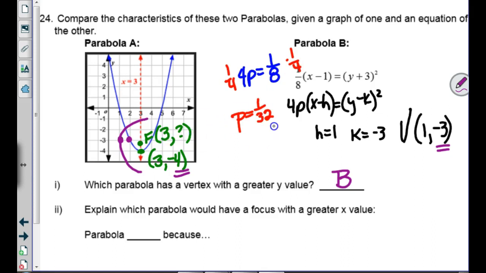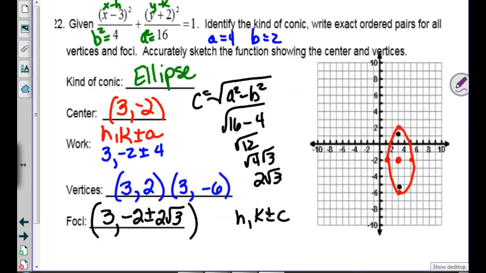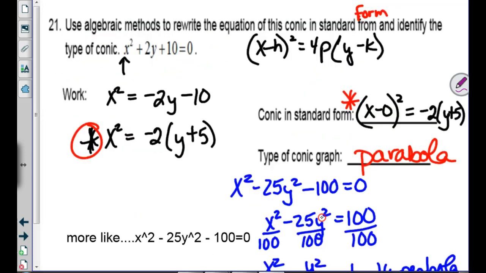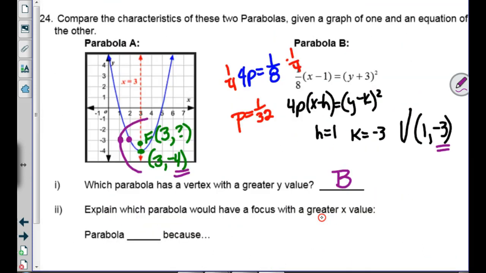If you actually wanted to find the focal point of this, anybody have the formula? Focus is h plus p comma k. So 1 plus 1 over 32 comma -3 is the focus of that one. It's just barely inside of there.